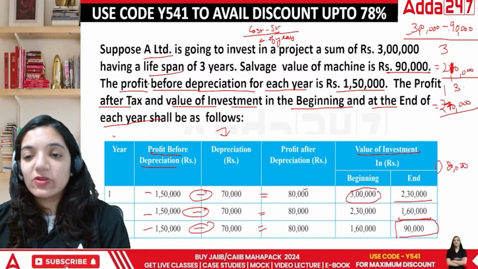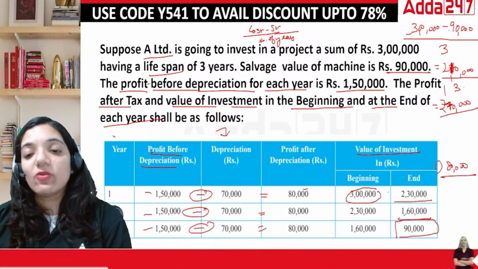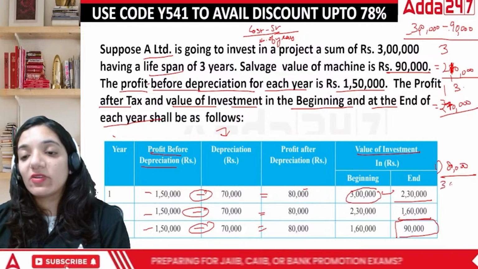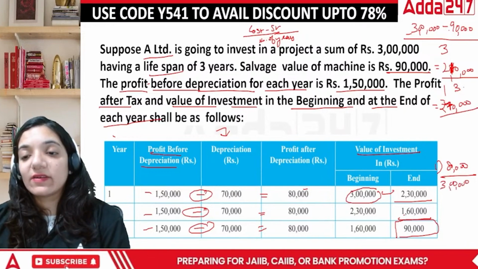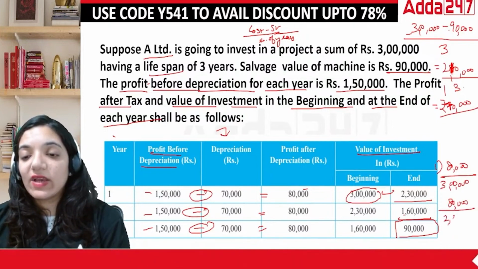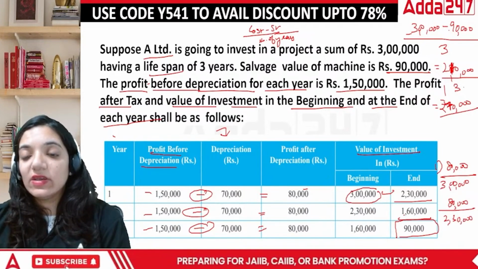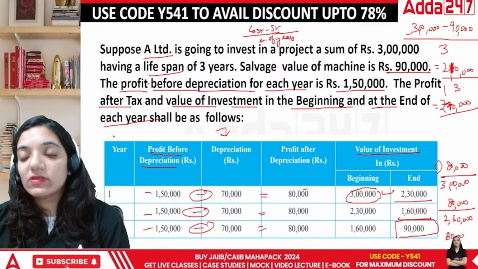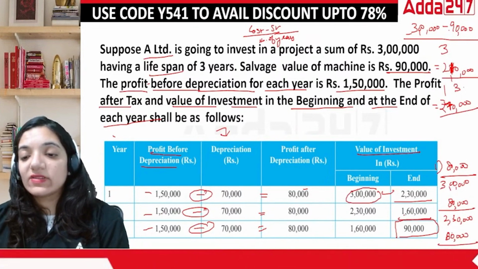For the first year, you have 80,000 divided by what is the amount of money that you have invested? 3 lakh. In the second year, it is 80,000 divided by 2,30,000. In the third year, it is 80,000 divided by 1,60,000.